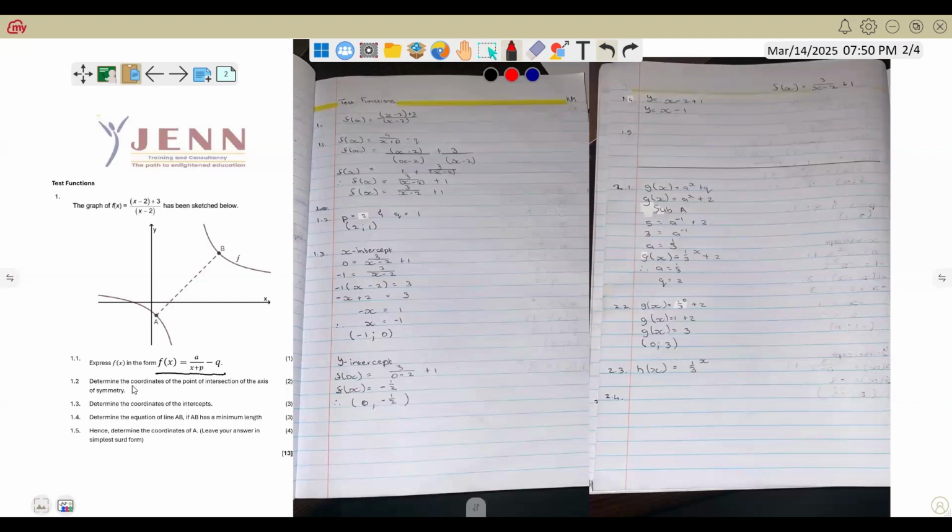So in short, you are supposed to be able to express different formats that will be given. Sometimes they can even want you to simplify fractions until you reduce it to standard format. So you have to revisit even your factorization, addition and subtraction of fractions so that it will be easy. But let's go to this one which we are having here.